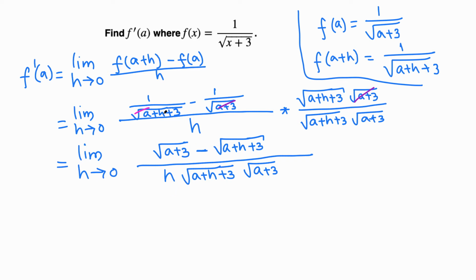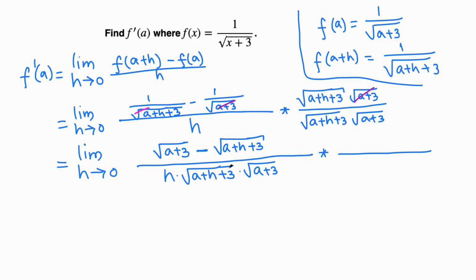Now, at least we simplified a little bit, not that much, but now we got a difference of two radical signs on the top. The next thing we need to do is rationalize to get rid of this square root. Rationalize means we need to multiply by the conjugate. There is no issue on the bottom because there was none from the very beginning.